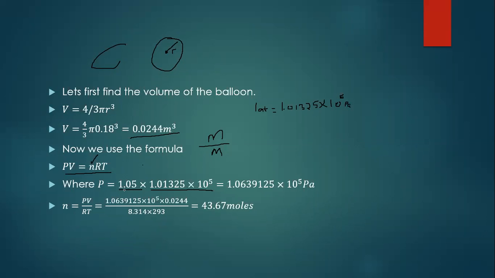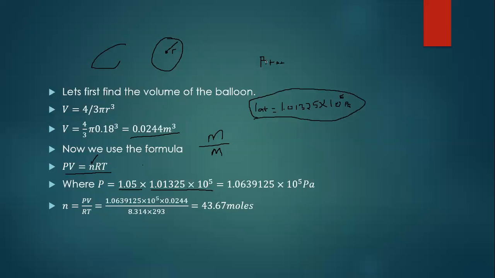So is this the gauge pressure here? Here it doesn't matter whether it's the gauge pressure or not. All we know is pressure. If we are talking about gauge pressure, then we add the pressure that we have been given. If we wanted to find the total pressure, then we would have also added atmospheric pressure.